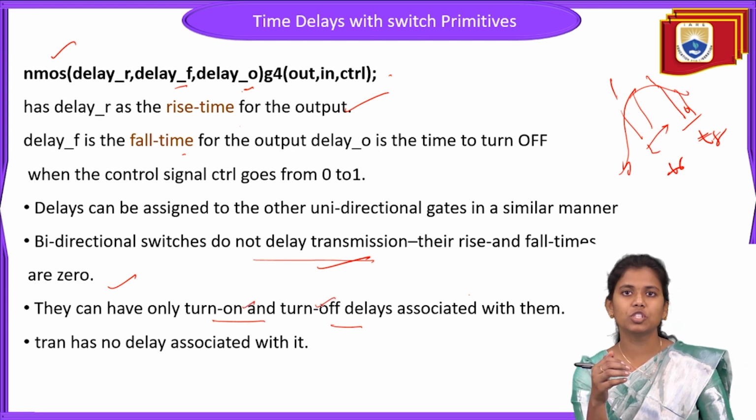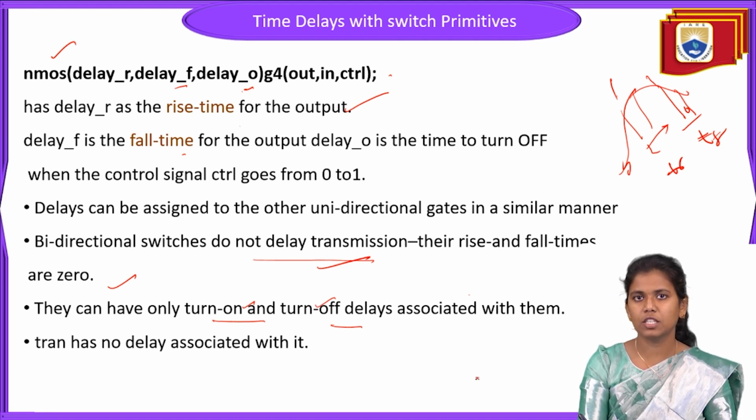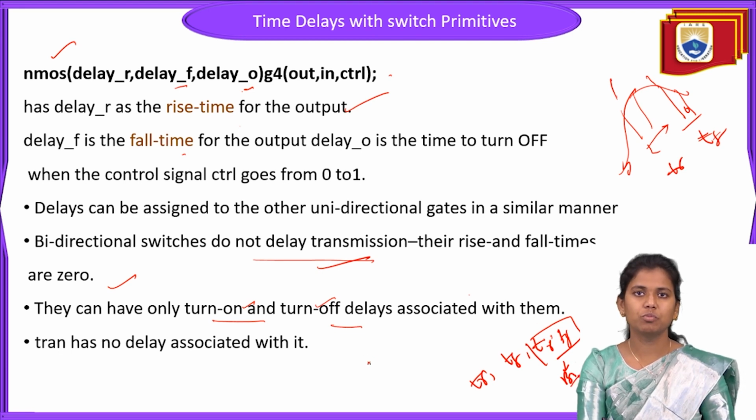But the other switches can transmit the signal with respect to the rise time, turn on time, turn off time, and the fall time as well. We don't see any rise and fall time with respect to the bidirectional switches. In the bidirectional switches, we see only turn on time and turn off time.